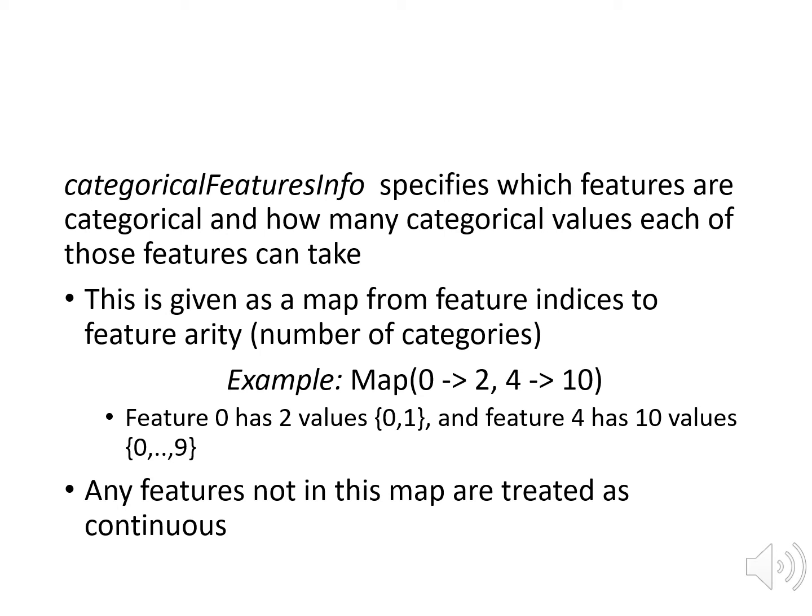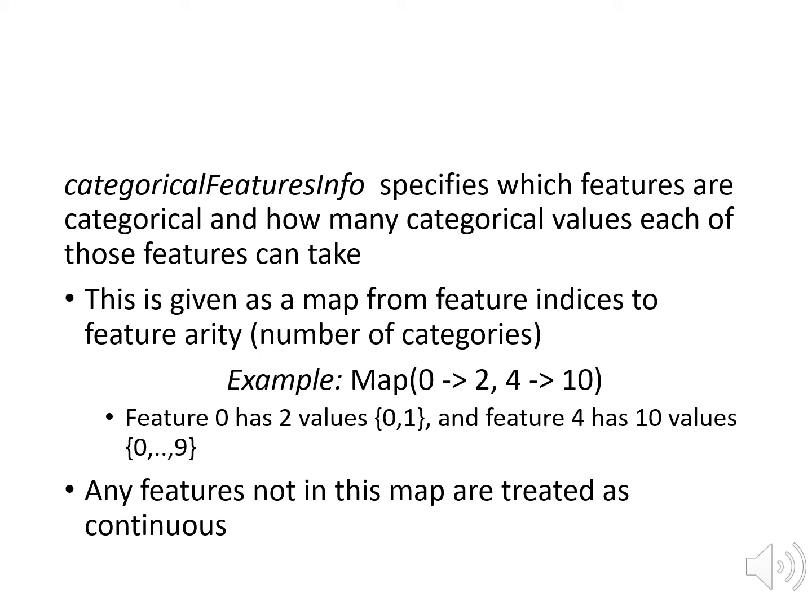It means that the first feature at position 0 is a categorical feature, and it has two values. And at position 4, the feature has 10 values. If the feature is not included in the map, then it is treated as continuous. And this map can be empty. That means all the features are continuous.